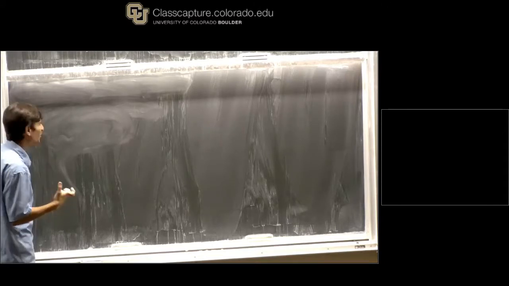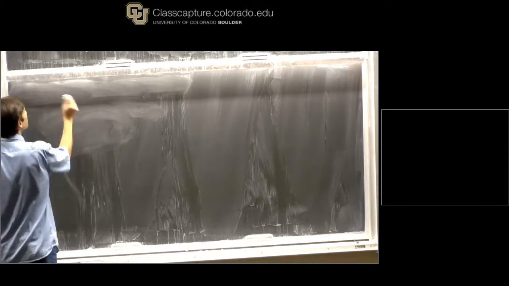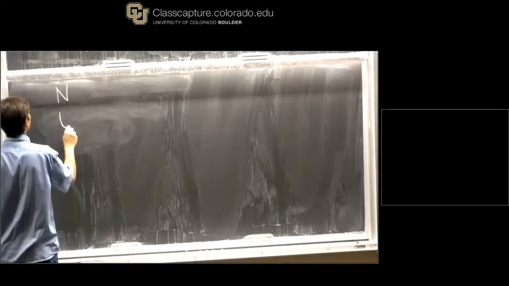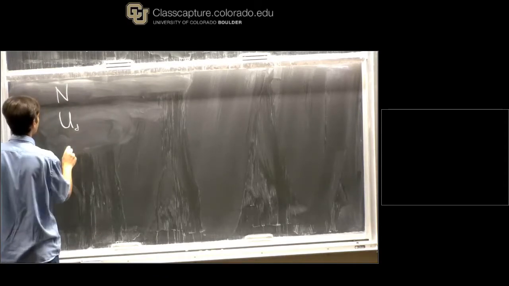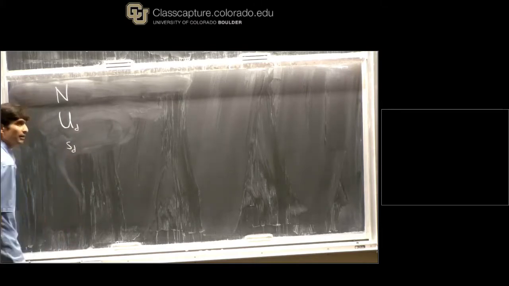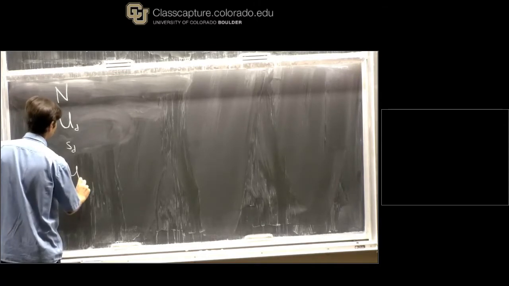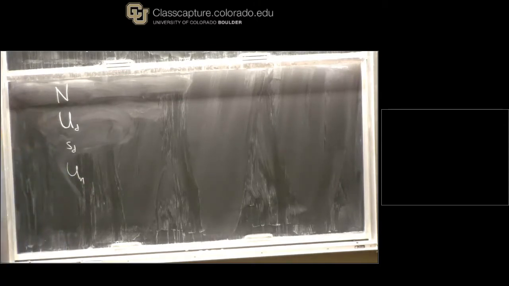Let's say I have a really, really simple model of purifying selection. I'm going to assume there are two kinds of mutations, neutral mutations and deleterious mutations.